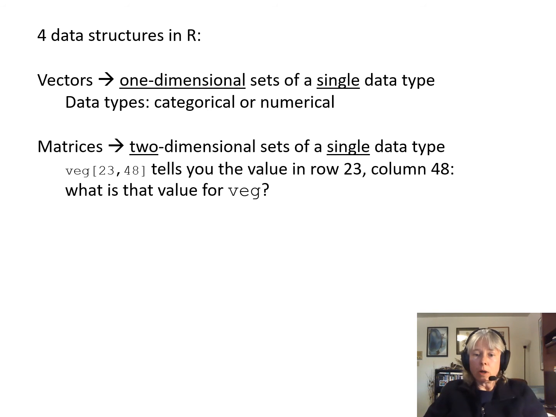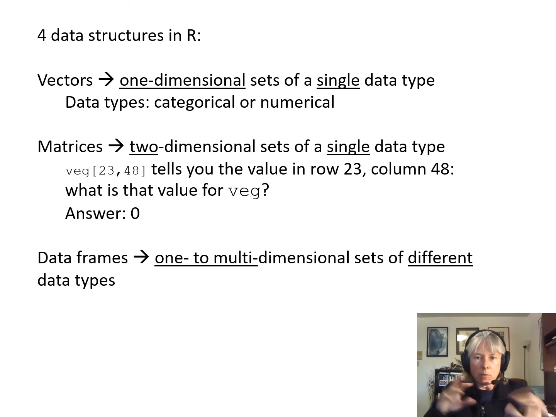If you want, you can pause the video and do this right now and see what is the data value at position 23, 48 in veg. It happens to be 0. Okay, so that's a data matrix.